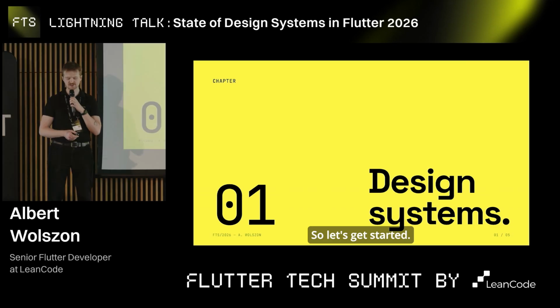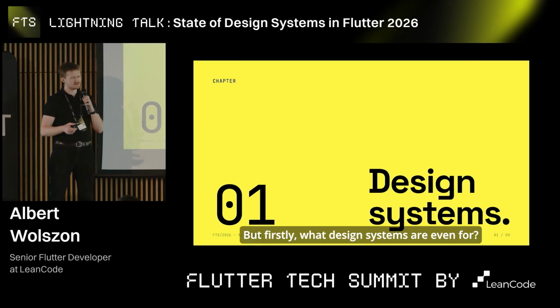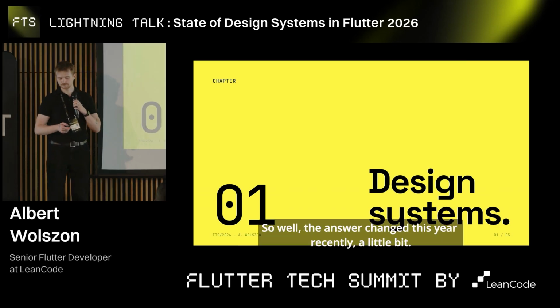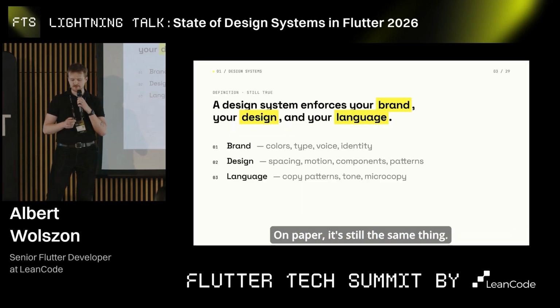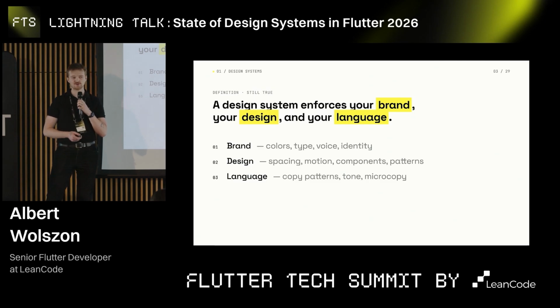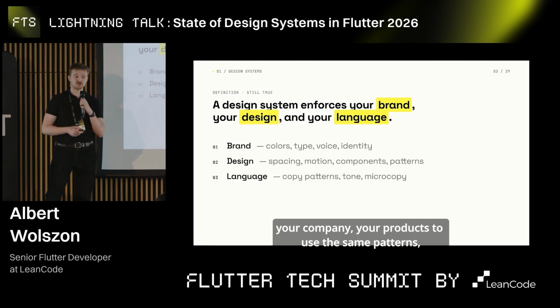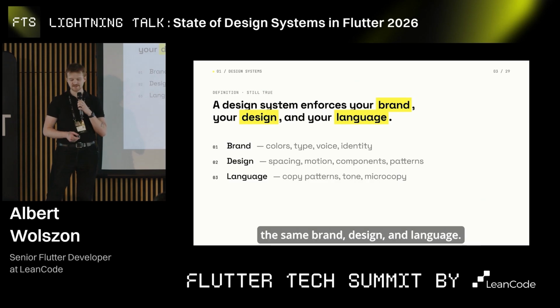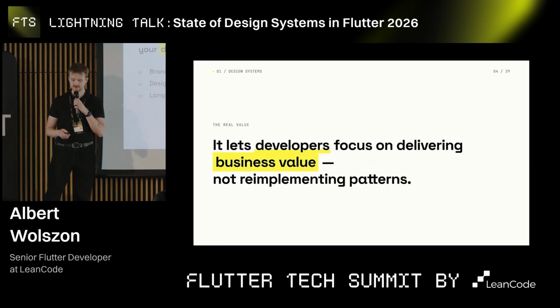So let's get started. But firstly, what are design systems even for? The answer changed a little bit recently. On paper, it's still the same thing. A design system enforces that your company's products use the same patterns, the same brand, design, and language. There's nothing new here yet.